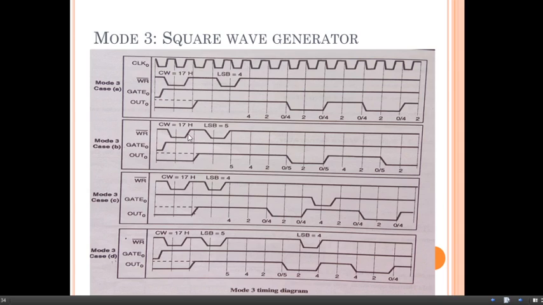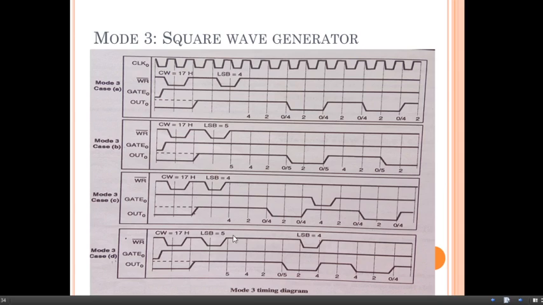In the second case, and one more thing, in the first case the gate is always at high level. In this second case we can also observe the gate is always at high level, but the count value provided is an odd number, that is LSB is 5. Here LSB was 4, that's why the half time period was fine for generation of the square wave.